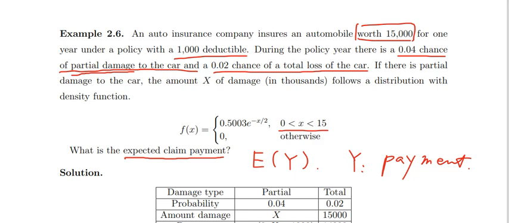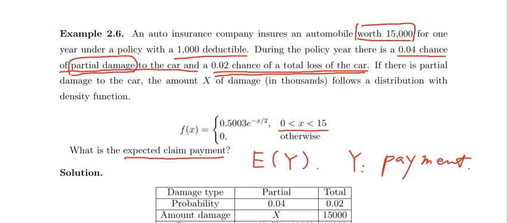Here in this question we have a discrete situation, the total damage, where they will pay a fixed amount, since we know the loss is 15,000.